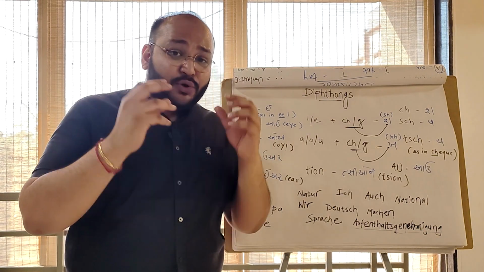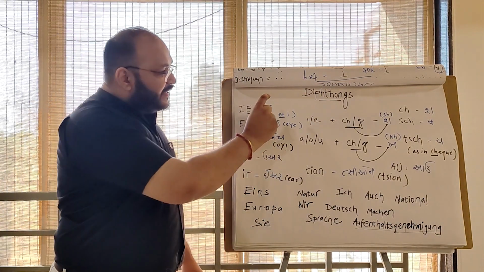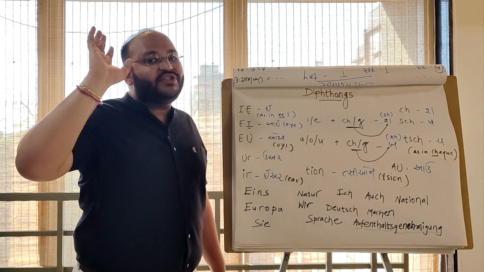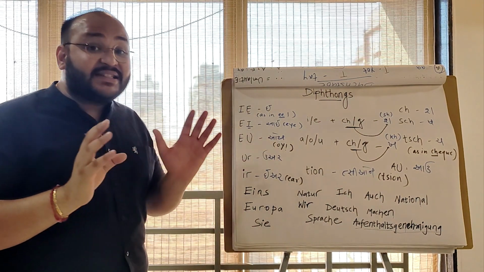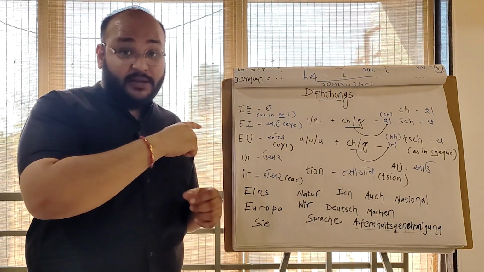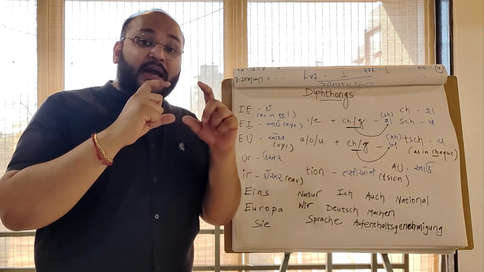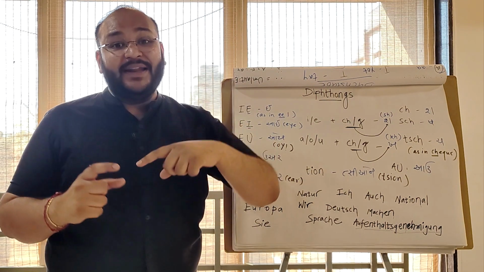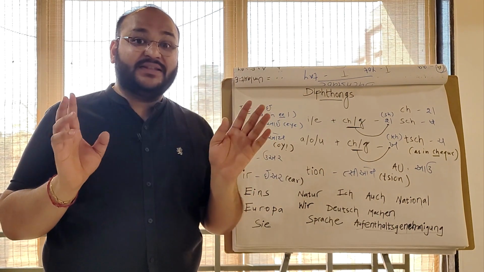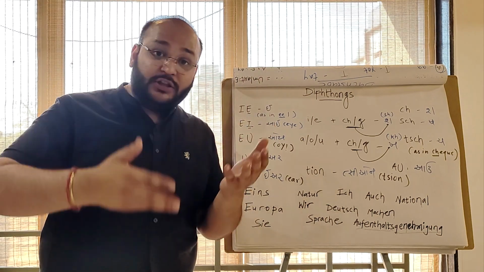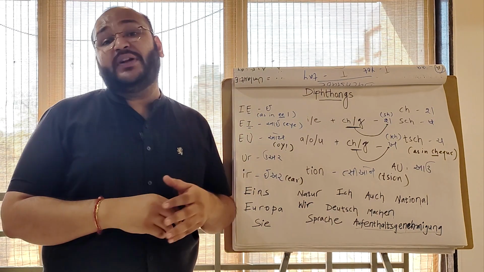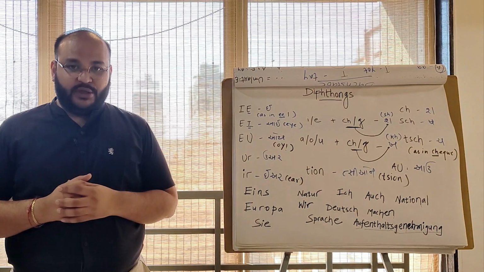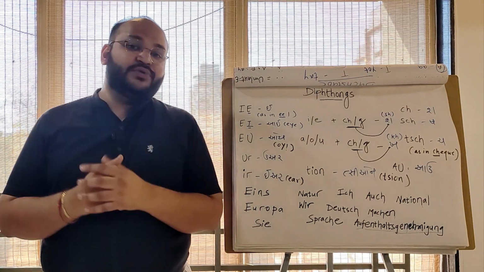Because then you simply have to apply these diphthong rules and the pronunciation of J and V. Everything else is the same. As I showed in the previous lecture, vowels in German work in the same manner as in our Indian languages, and the pronunciation of consonants is also similar when used in a word.